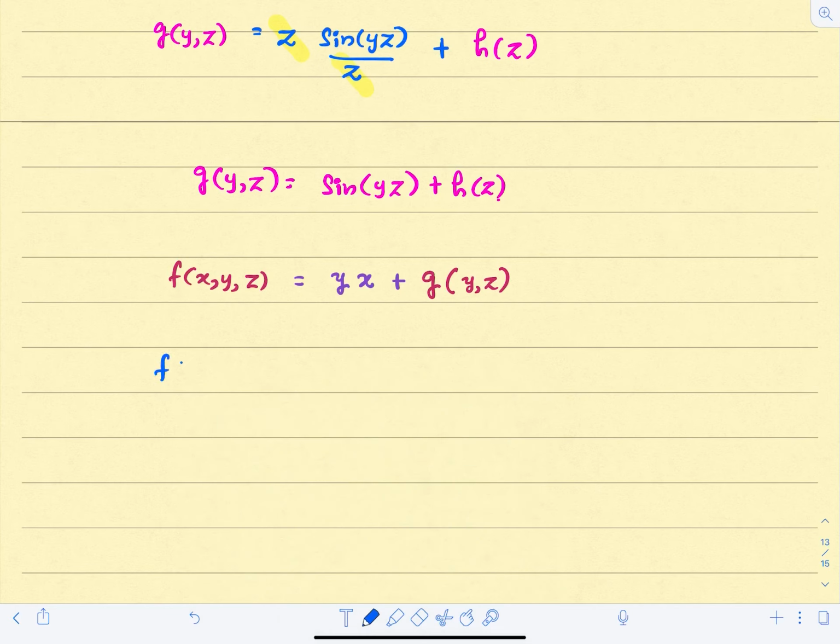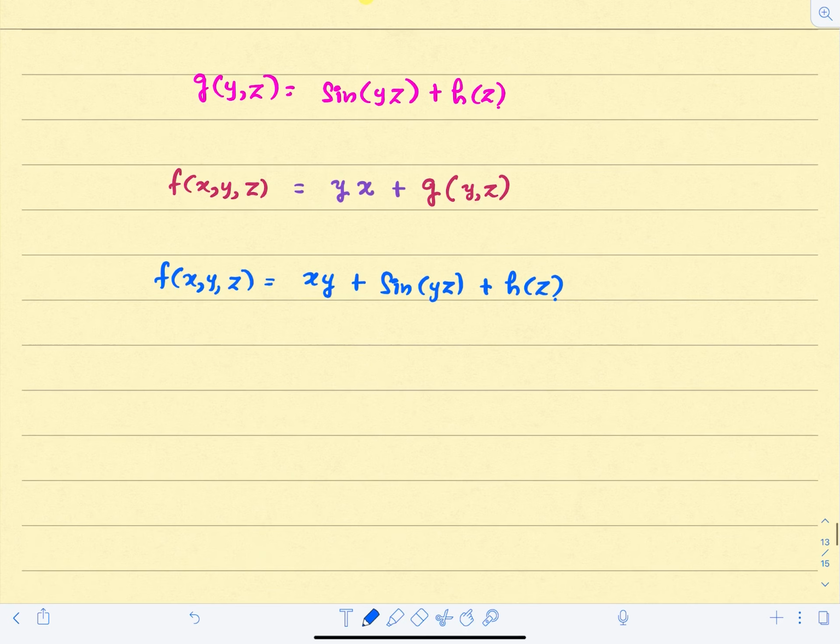Now my little f should be xy plus sine of yz plus h of z.